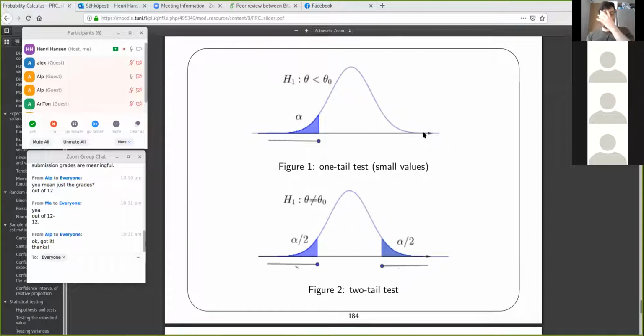Let me give an example for expected values. We're probably using the sample mean as our test statistic, or we normalize the sample mean. So this would be the normalized sample mean, and we are looking for values in this region, and this would be where it's 0.